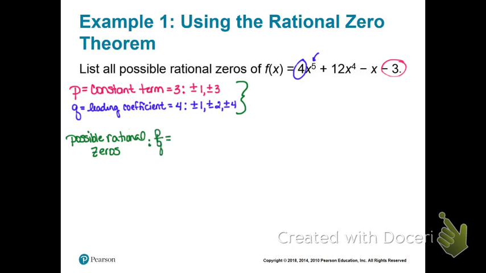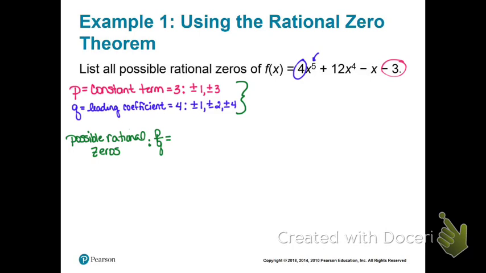You're going to have to take every P over every Q. So either take the first P and put it over every Q and then do the second P over every Q, or take the first Q and put it underneath every P, second Q underneath every P, third Q underneath every P. Doesn't matter, but pick a pattern that's going to work for you so you can be consistent and make sure you include every one of them.